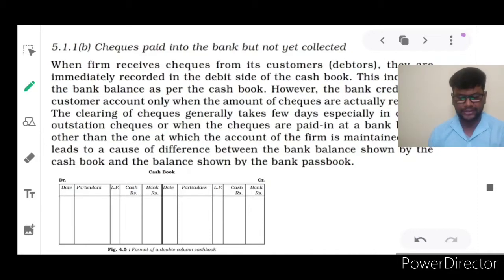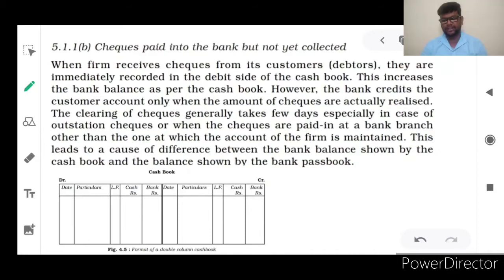When a firm receives a check from its customers or debtors, it is immediately recorded on the debit side of the cash book. So as soon as we receive this check, you are the businessman, you should play the role. You will write it on the debit side of the cash book.